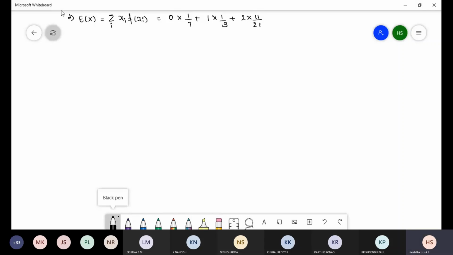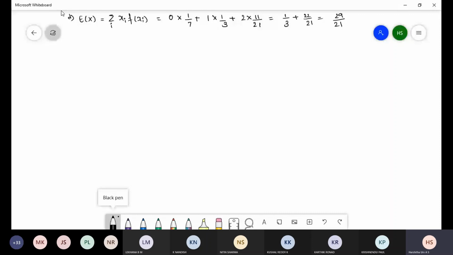So we get the value here. First one is 0. 1 by 3 plus 22 divided by 21. So LCM is 21. 7 plus 22 is 29. This is the answer for the E of x.